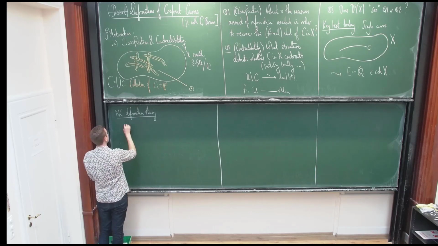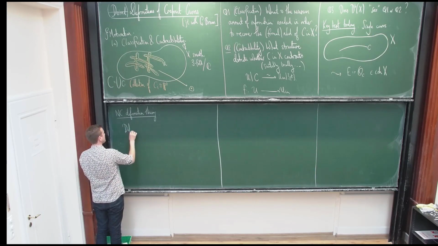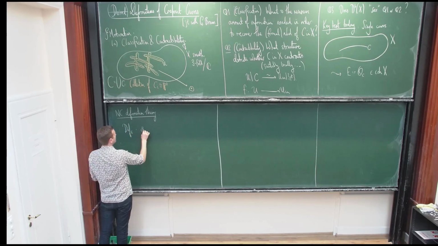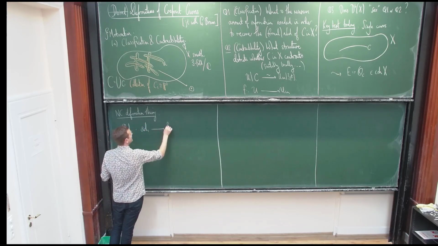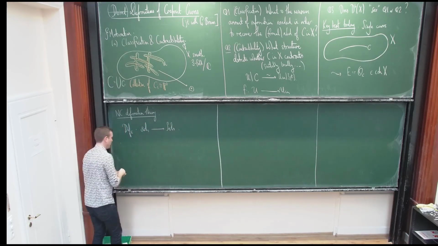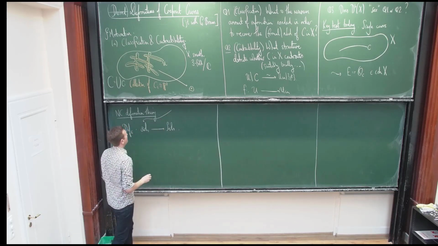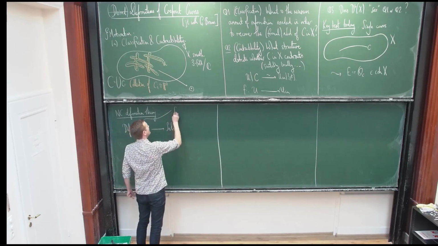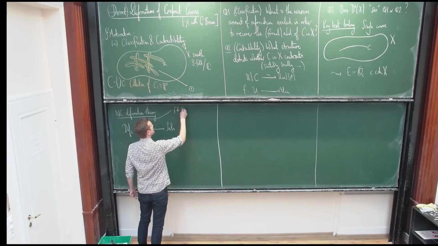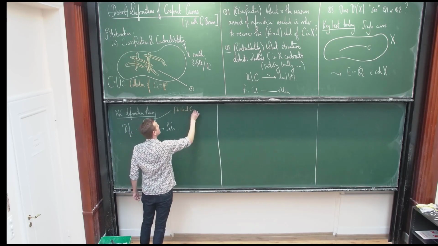So there's a deformation functor, E, which goes from what's called Art1 to Sets, the category of sets. That's fine. Art1 is basically finite dimensional local C-algebras. But that's not enough.